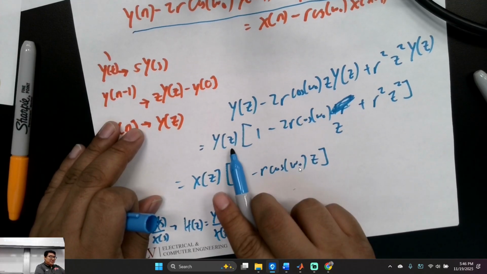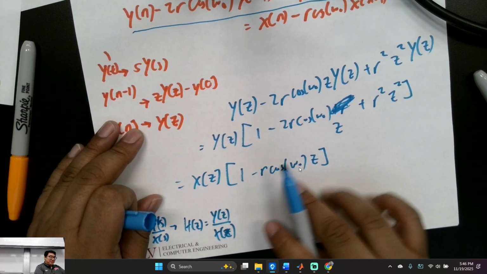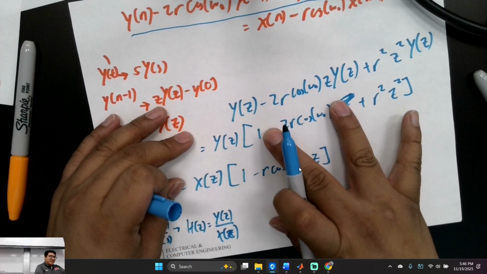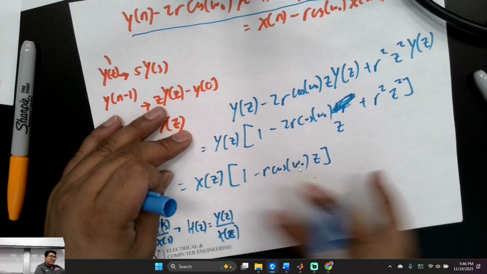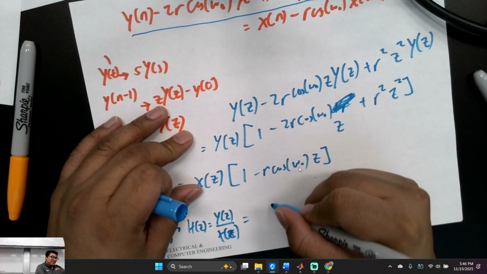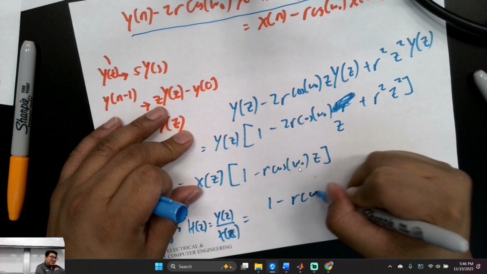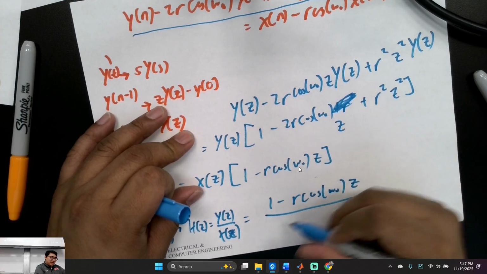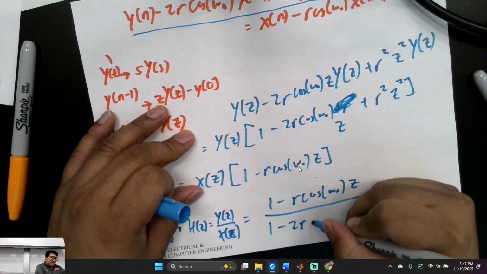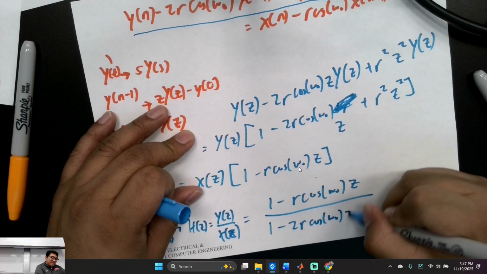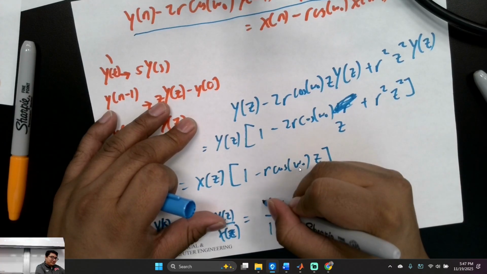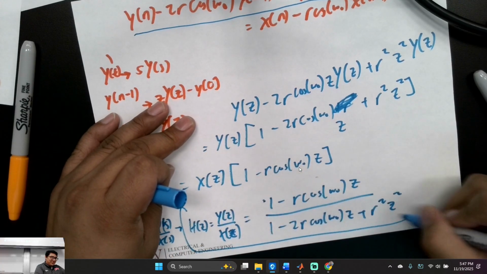So here's our output, here's our input. All we have to do is divide by this guy under here, and then this guy just goes over there. So we get the following: 1 minus r cosine omega naught z over 1 minus 2r cosine omega naught z plus r squared z squared. There's your answer to number 1.